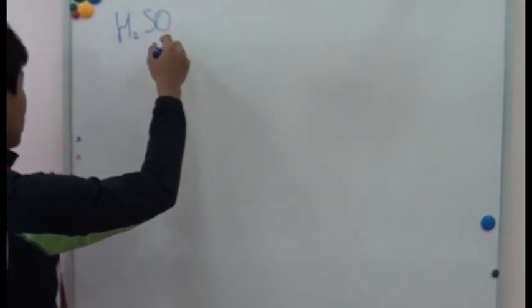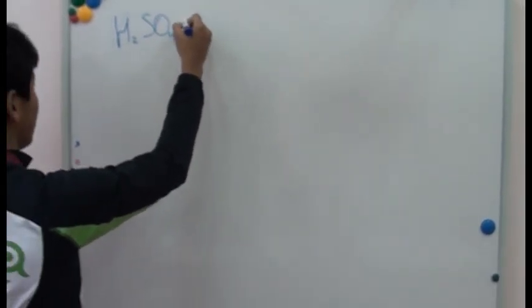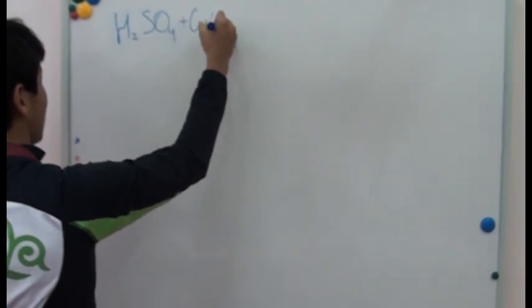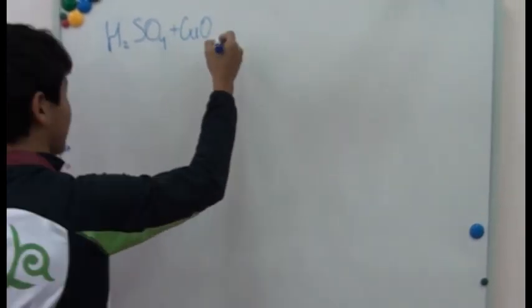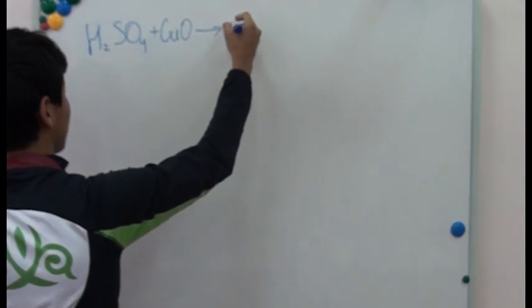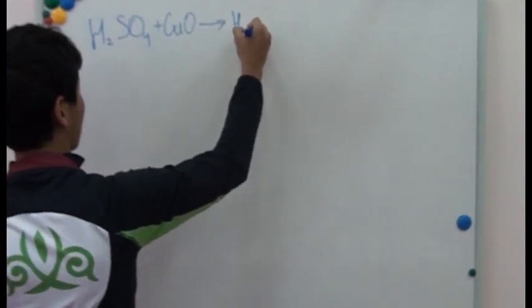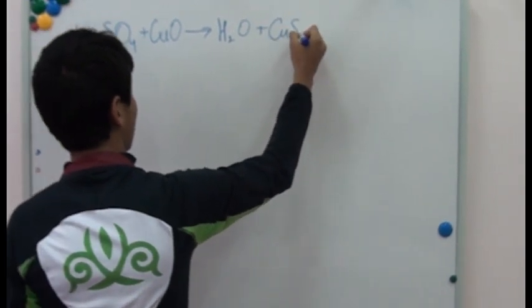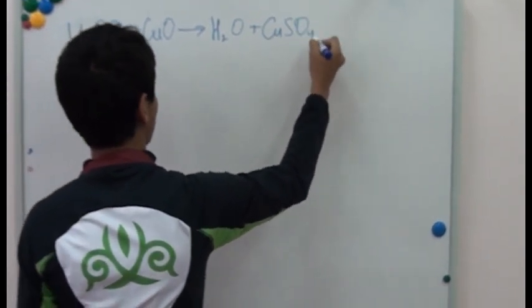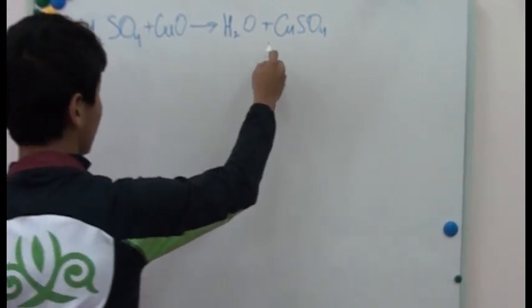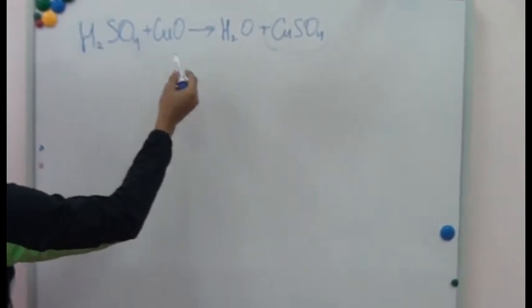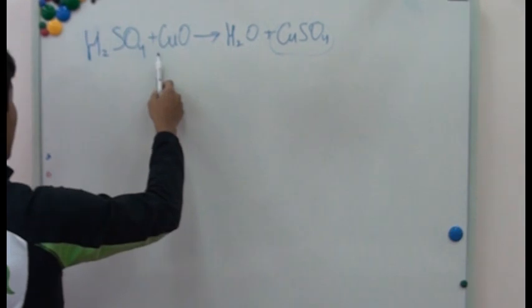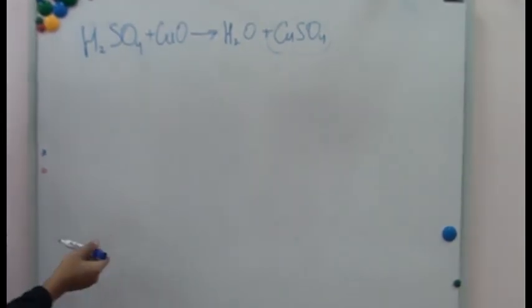Let's make a conclusion. In the first reaction we had the sulfuric acid, then we added the copper oxide, and we got water and the copper sulfate, but it wasn't clear copper sulfate. We had the mixture of copper sulfate and copper oxide.